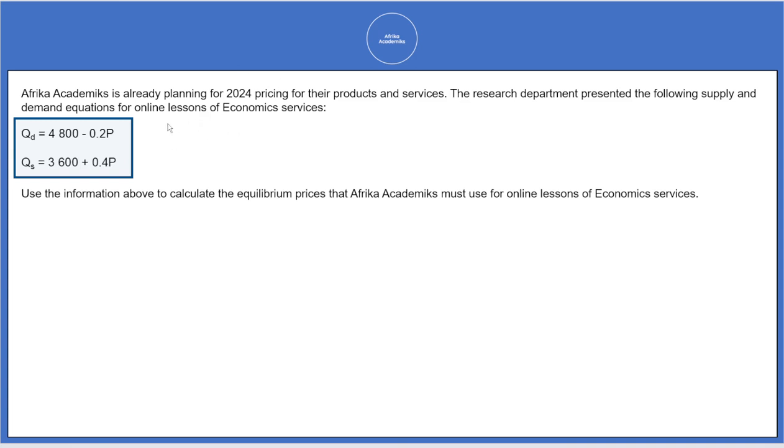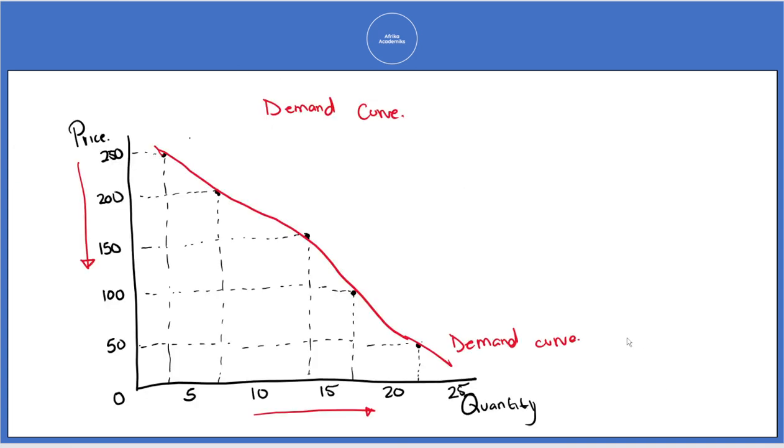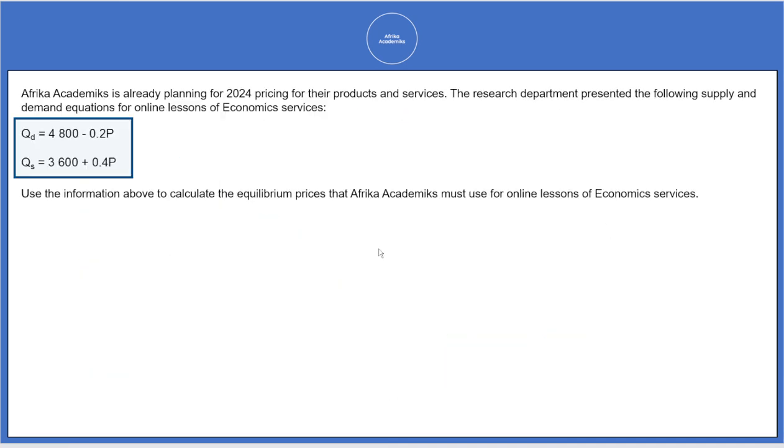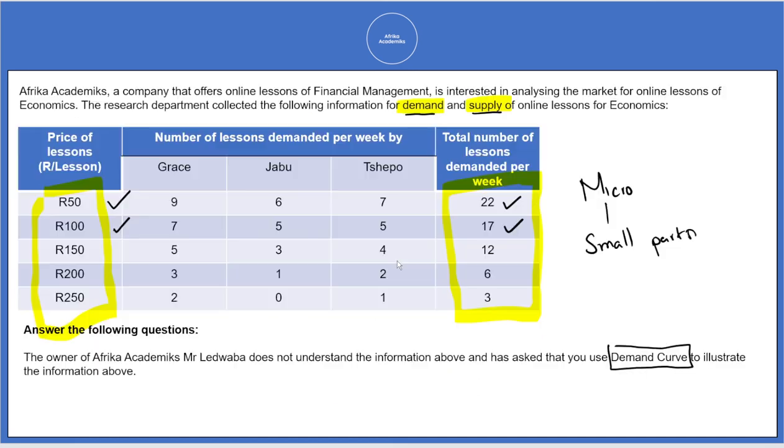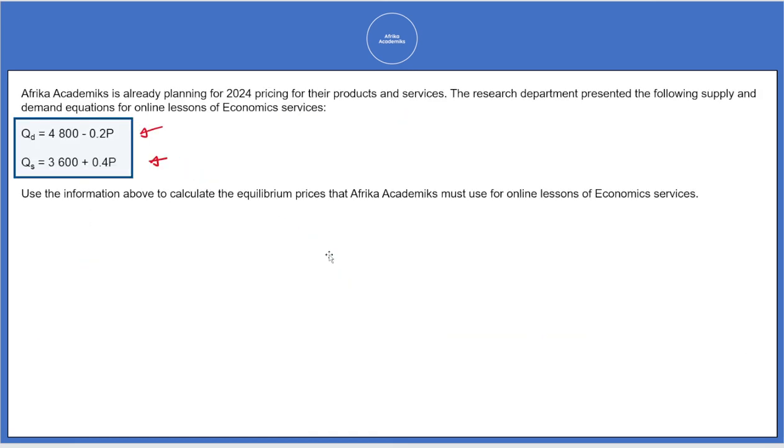So besides using these diagrams here, the one that we just used, you can also use equations, right? So an equation just saves you time from drawing these lines and this table here. You can easily enter a price there, and then you will know how many people would demand that product or that service.